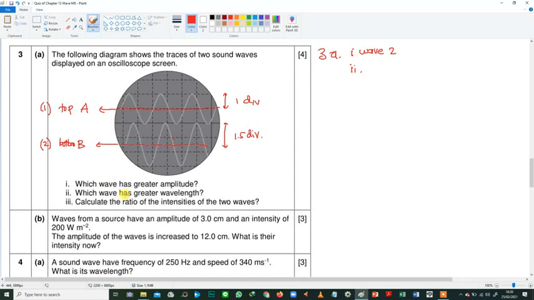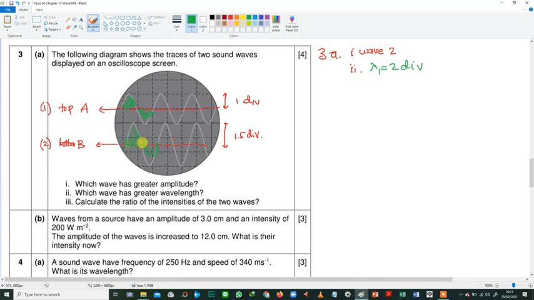How about part II? It asks which has a greater wavelength. Remember, what is wavelength? Wavelength is 1 crest, 1 trough. I'm gonna use a different color for the wavelength, the green one. For wave 1, the first wave, the lambda is 2 divisions. How about wave 2? If we begin from here, it will also end here.